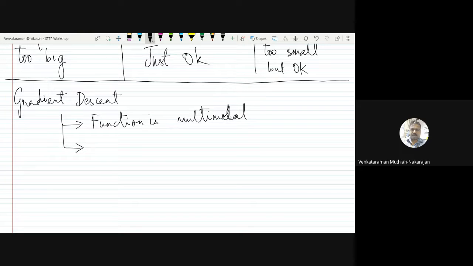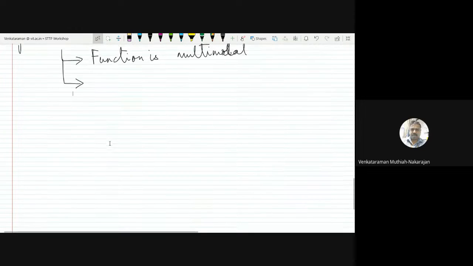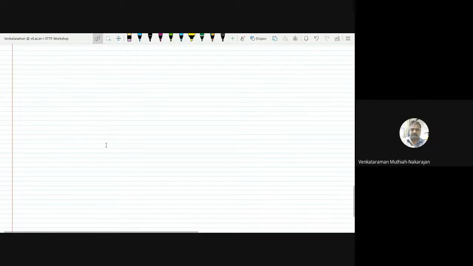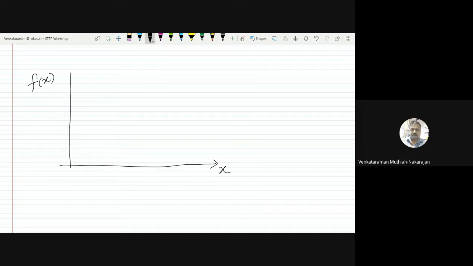So let us see that you have more than one minima. So this is x, this is f of x. We have a function like this. Okay.